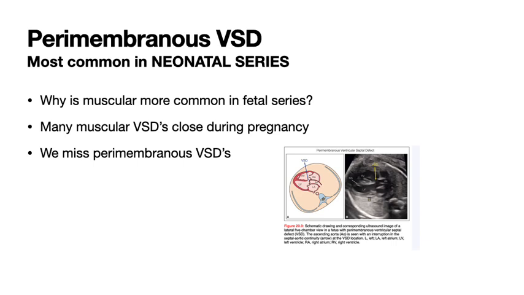Well, one of the main reasons is most of the muscular VSDs close during pregnancy. So by the time the baby's delivered, there isn't one anymore. Another thing includes the fact that of the VSDs, we tend to miss more of the perimembranous ones than the muscular ones.